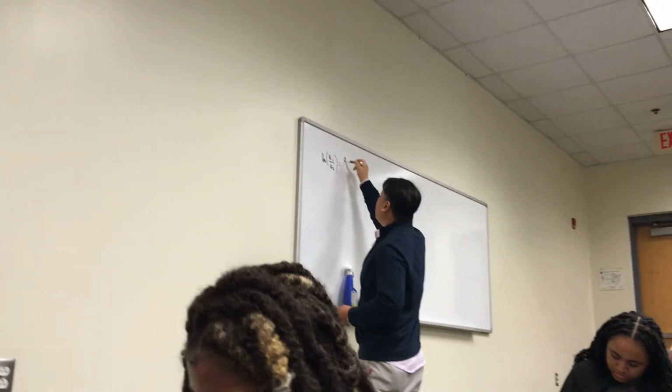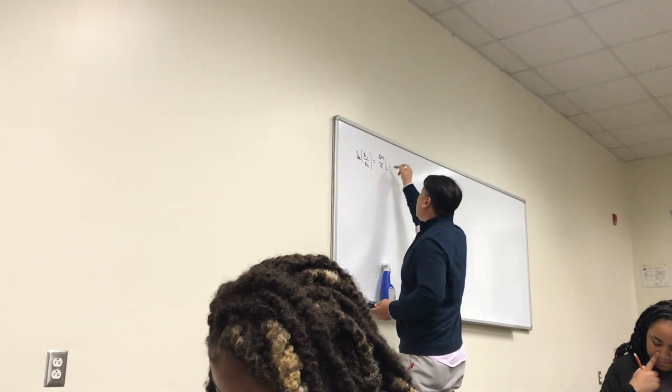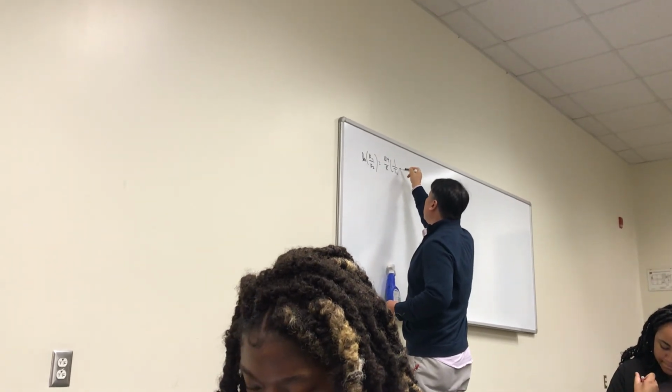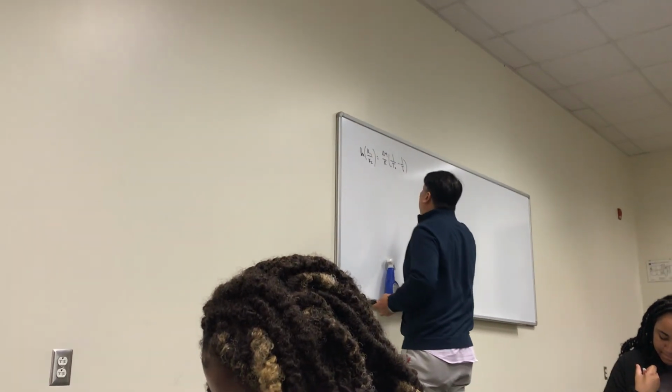All right, so let's plug it in. Natural log of K1 over K2 is equal to delta H over R times 1 over T2 minus 1 over T1. Is that correct? Yeah.